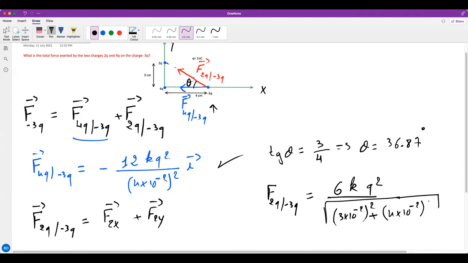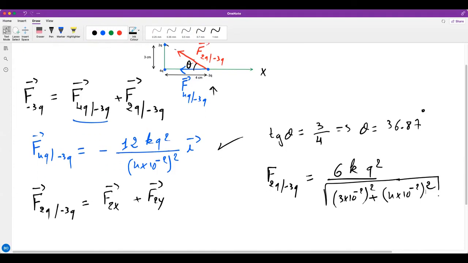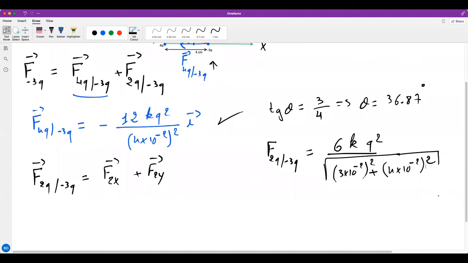We can easily calculate the magnitude, which is equal to 6 times 10 to the minus 6 Newtons. So this is F2q on minus 3q.